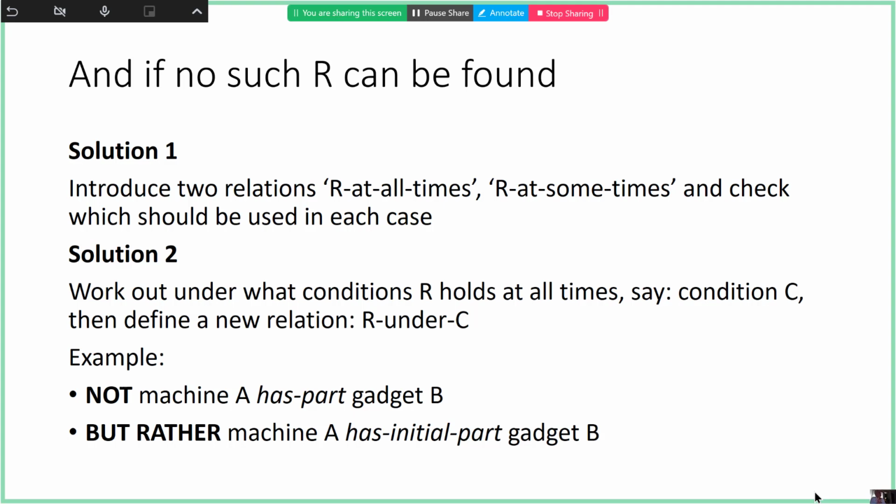This is something that was not recognized by ontologists when we started around the year 2000. The Gene Ontology did not recognize that there were two distinct relations here. They just assumed that wherever A is part of B, it follows that B has part A, but that's not the case.